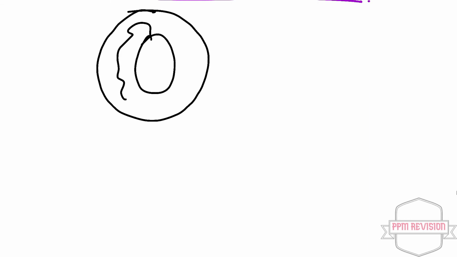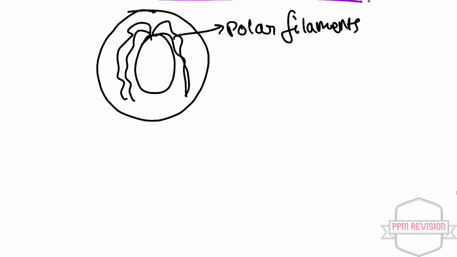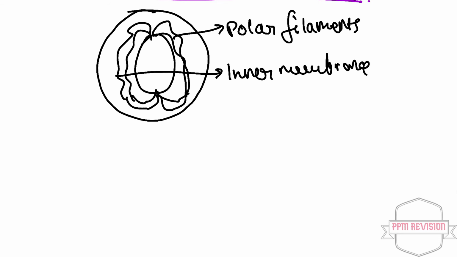There are the polar filaments. Next, there is the inner membrane as well. There is also polar thickening that is seen.